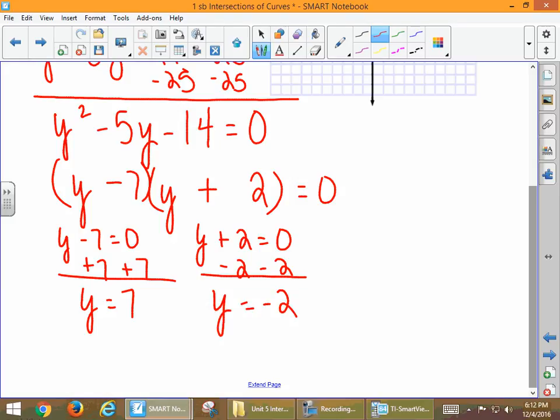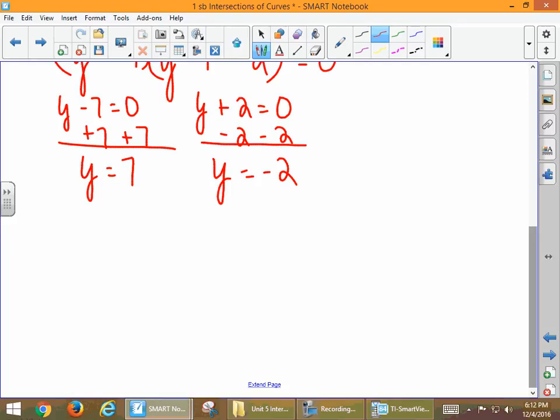Those are y values. We need to come up with the x values now. But in terms of our ordered pairs, we've got that, and we have that. And we're going to go back into an equation and pick the simpler of the two, which is the x squared equals 7 minus y.